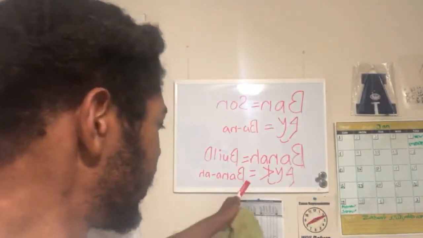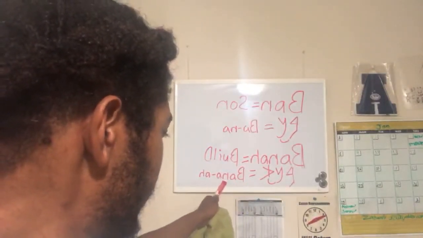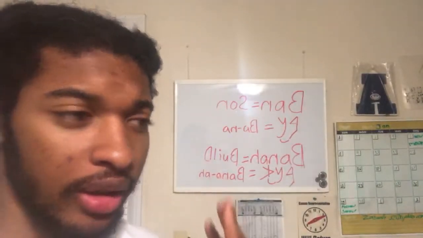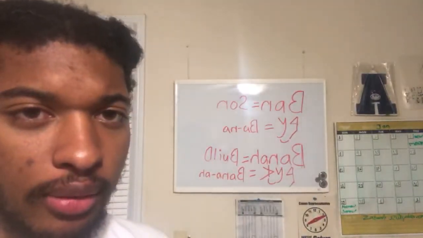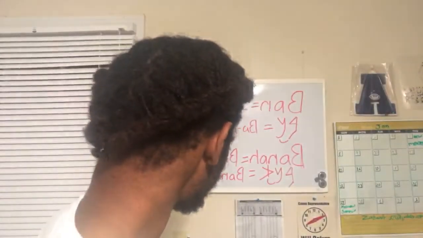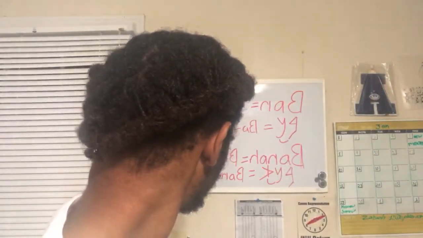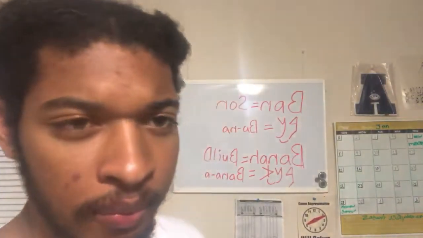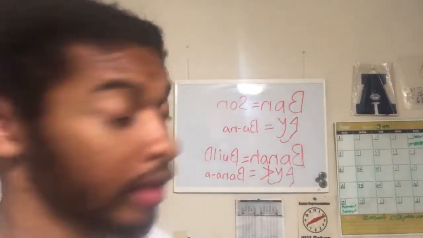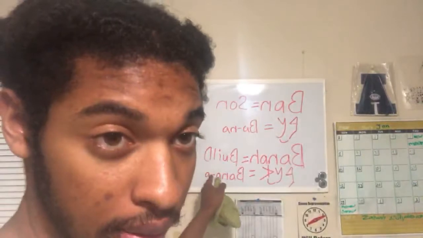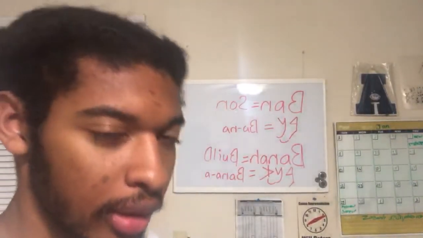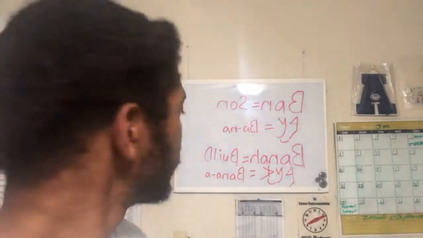But instead of bana, what you would do is drop the h, and you drop the h and it's kind of like an extra a at the end, but really the a is kind of silent.